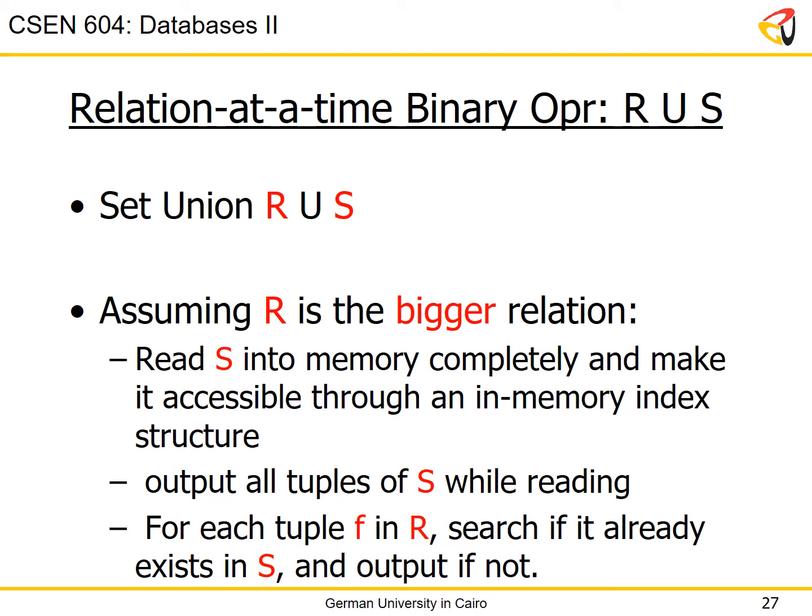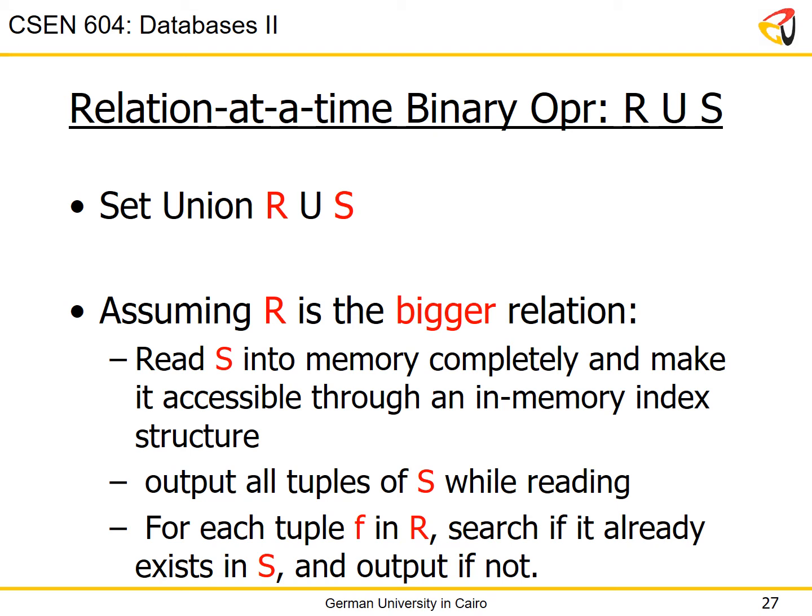Now there is another question here. You should always ask yourself: is this one pass or multi-pass? So let's trace through these steps. I said read S into memory, so this is one pass on S. While I'm reading it to build an index, which could be a B+ tree, I'm reading S and inserting the entries in a B+ tree.